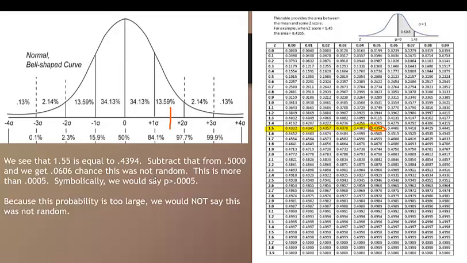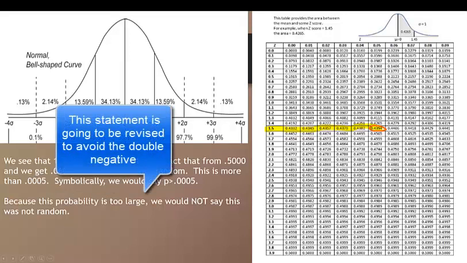So now it becomes interesting because this is more than our previously established 0.05. Symbolically, we would say P is greater than 0.05. And because our probability, P is probability, our probability here is too large.